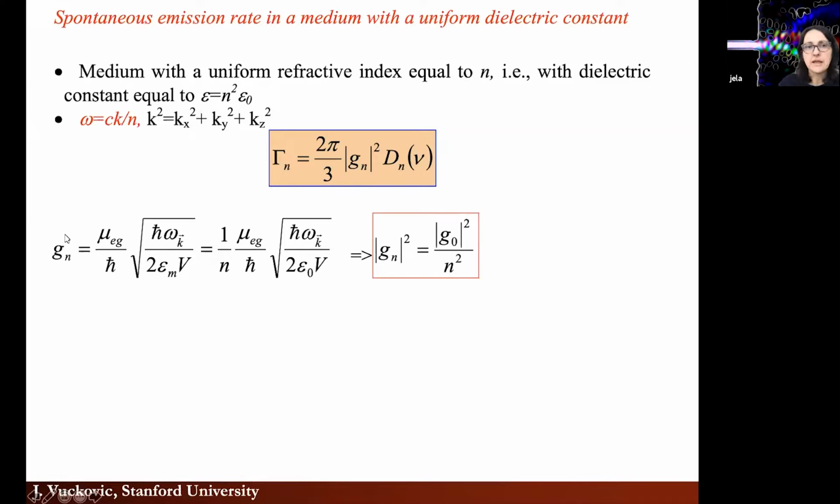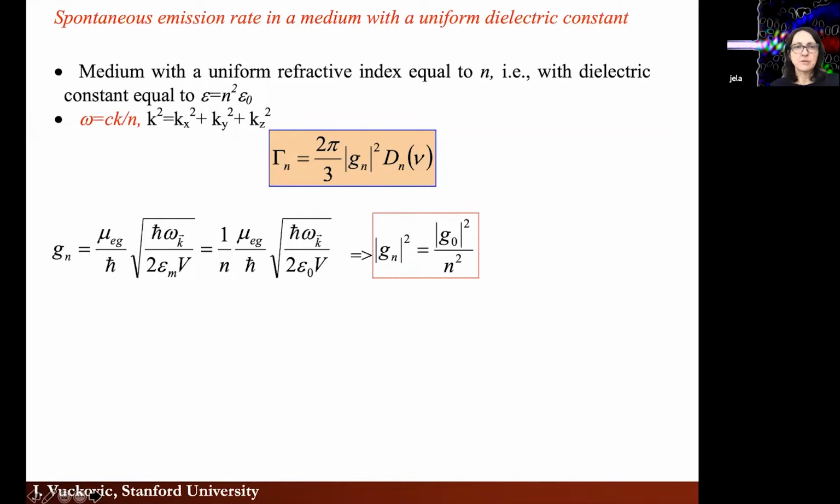So clearly, coupling strength does depend on epsilon or n, because epsilon is proportional to n squared, which means that G would be proportional to 1 over n, and G squared would be proportional to 1 over n squared. So if you write G in the material that has a refractive index n, it would scale as G naught squared divided by n squared, where G naught is the coupling strength of that atom to modes in vacuum. Okay? So G squared would go down by a factor of n squared.